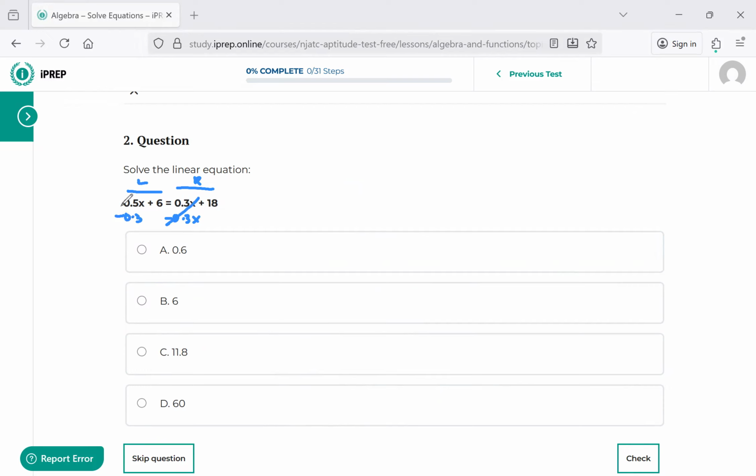On the left, what's 0.5x minus 0.3x? 0.5 minus 0.3, no, it's 0.2x plus 6 equals 18.